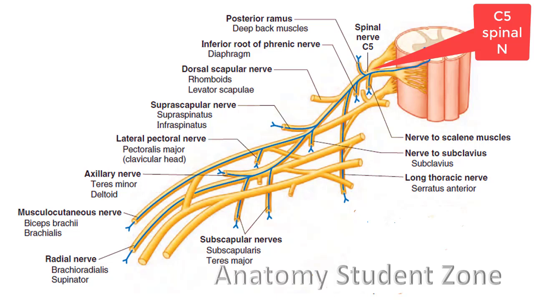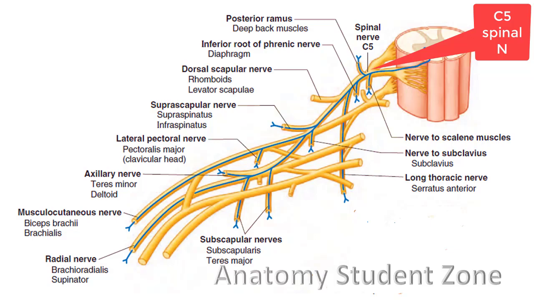This C5 is contributing fibers to many nerves like the subscapular nerve, long thoracic nerve, suprascapular nerve, lateral pectoral nerve, axillary, musculocutaneous, and radial nerve. And we know all these supply different muscles, or I can also say a group of muscles being innervated by one nerve, and those muscles are supraspinatus, infraspinatus, pectoralis, deltoid, biceps brachii, and supinator.